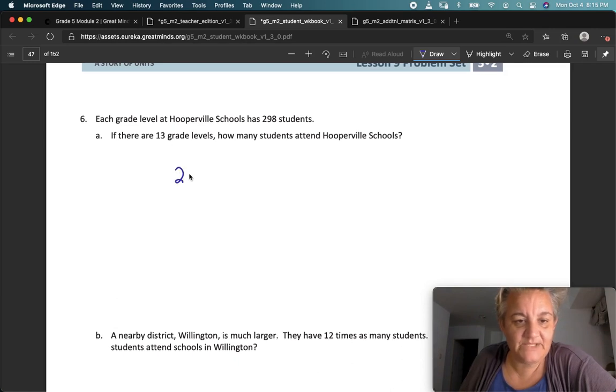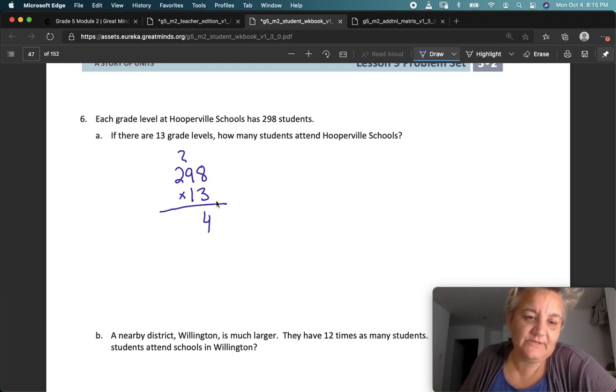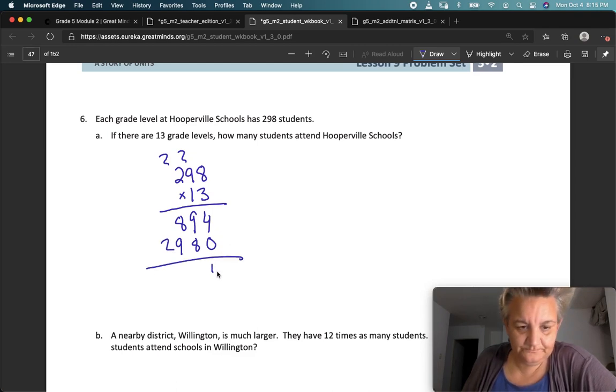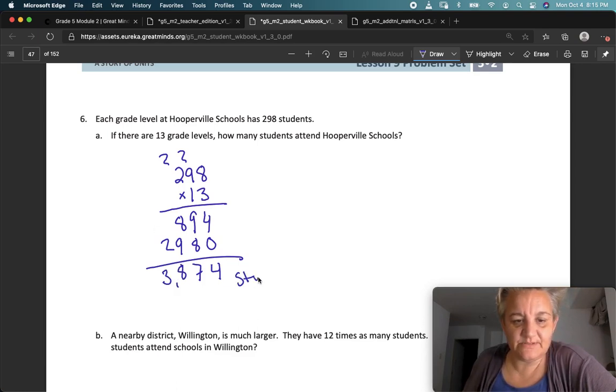Okay, well, each grade has 298 students, and there are 13 grade levels, so we'll just multiply. 3 times 4 is 24, carry the 2. 3 times 9 is 27, plus 2 is 29, carry the 2. 3 times 2 is 6, plus 2 is 8. Now the tens, 8, 9, 2. Okay, 17, 18. 3,874 students.